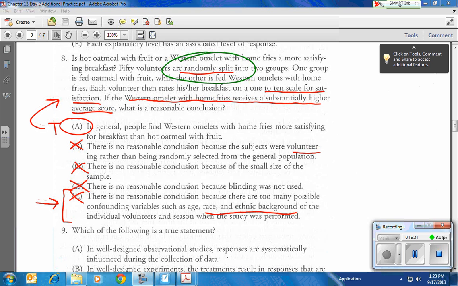And the answer is A. If it's randomly split, there's never going to be confounding variables. Theoretically, no. I mean, it depends on how prevalent those variables are, and in this case, I think we see that these biases may not have a huge impact on what we're doing.